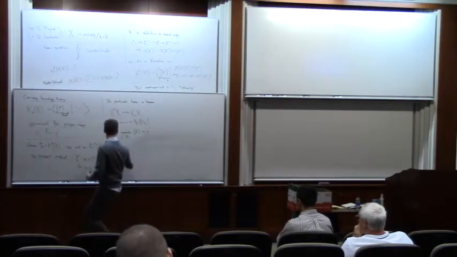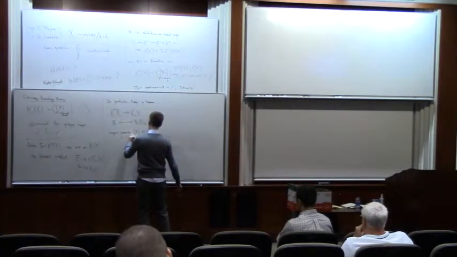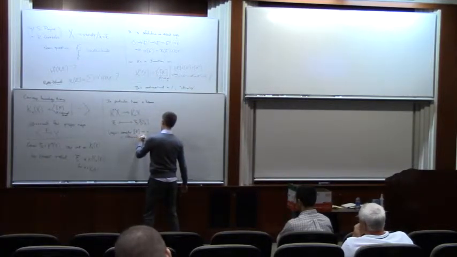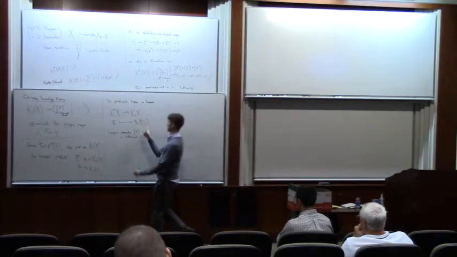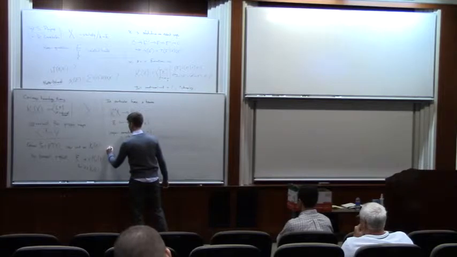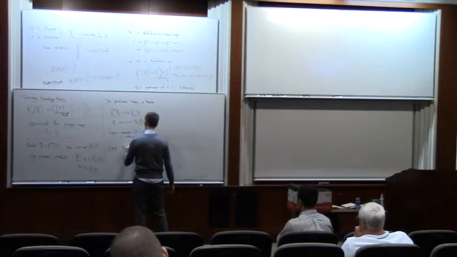Vector bundles are special kinds of coherent sheaves. And this defines this map. And a basic fact is that this is an isomorphism.